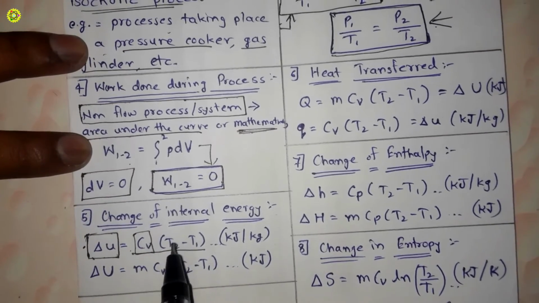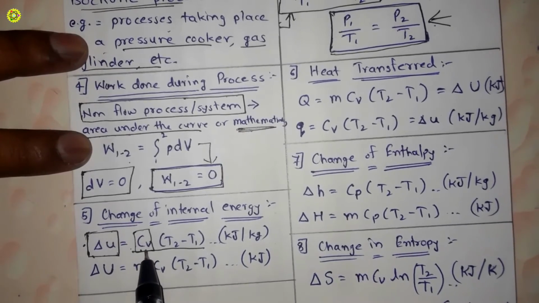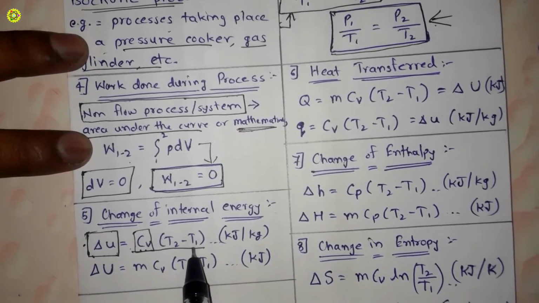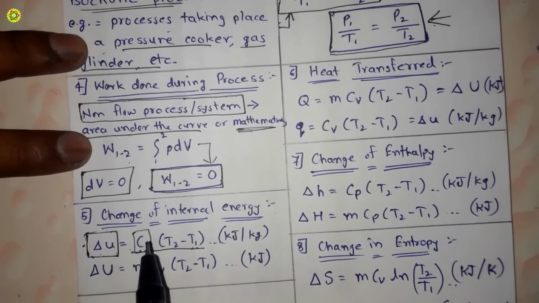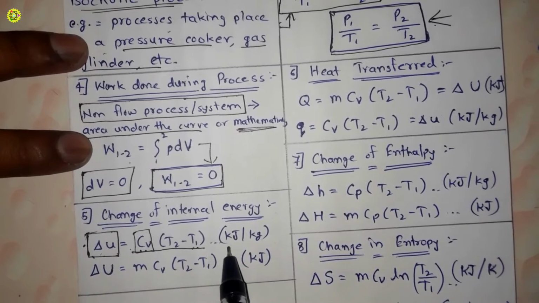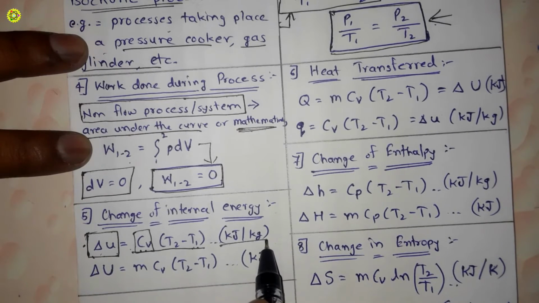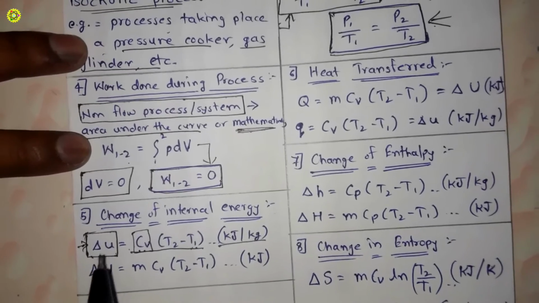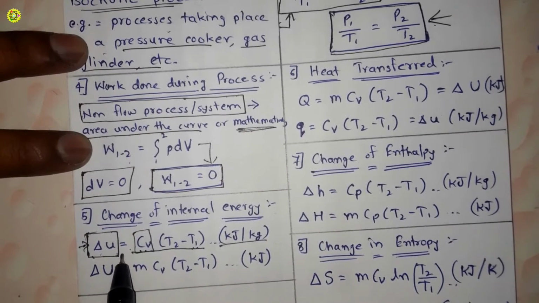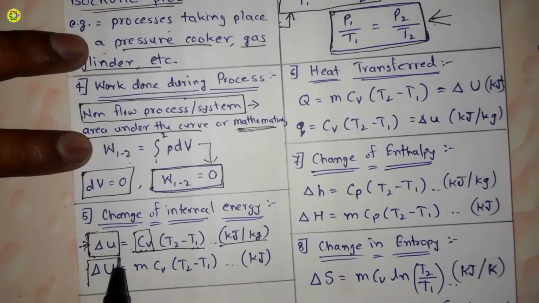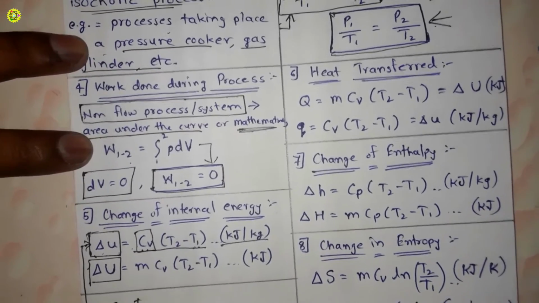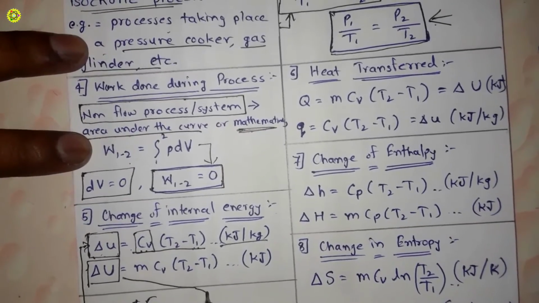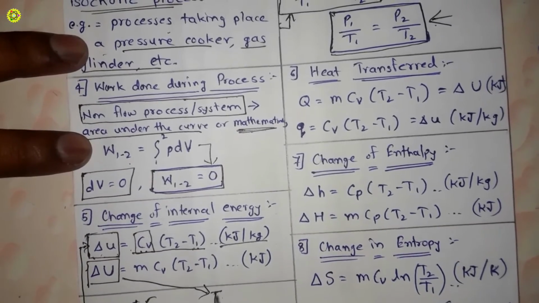Here Cv is our specific heat at constant volume, and T2 minus T1 is the change in temperature, and the unit of this specific internal energy change is kilojoule per kg. So delta small u is equal to Cv into bracket T2 minus T1. Small u is specific internal energy, and capital U is our change in internal energy.